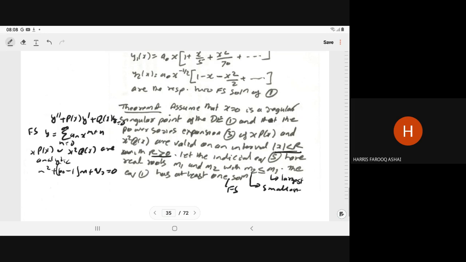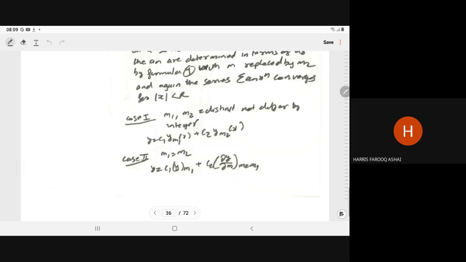If we have real roots, then we say that the equation has a Frobenius series solution. That is the one result. Always, whether equal or distinct roots, we have one Frobenius series solution. Now we have the extension of this.